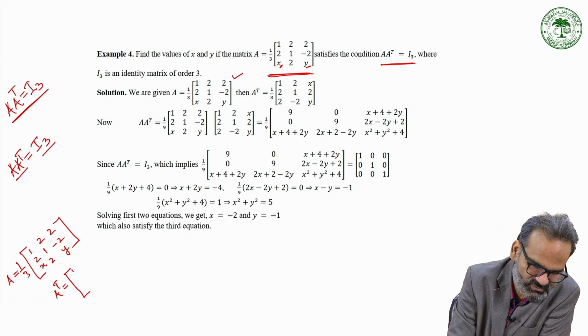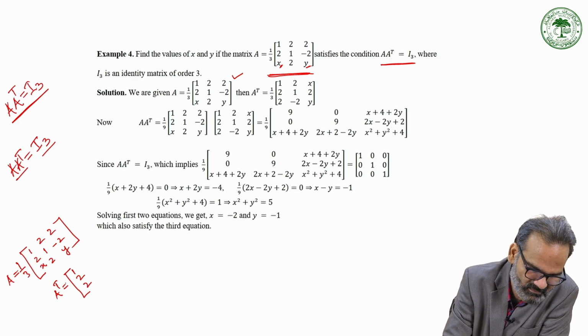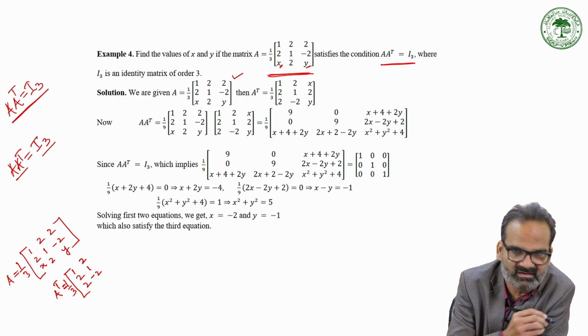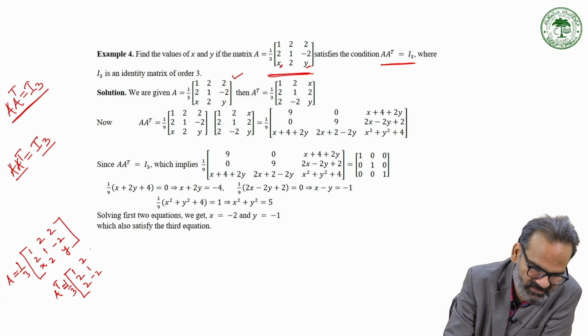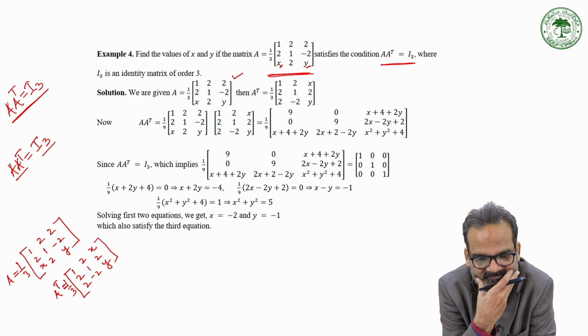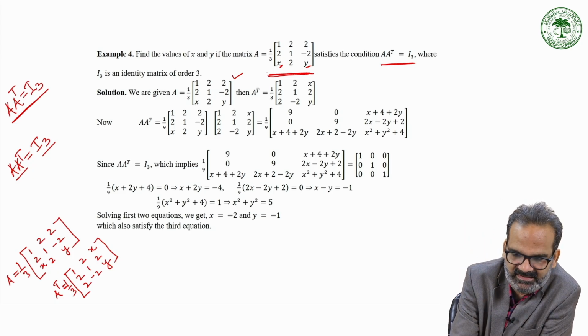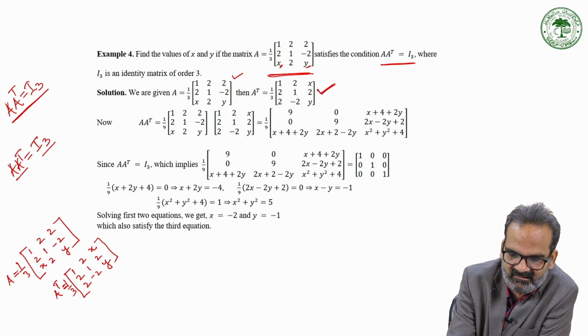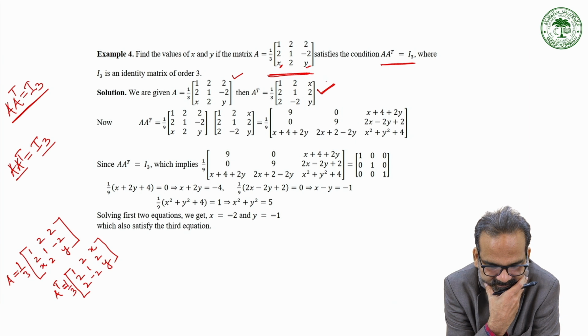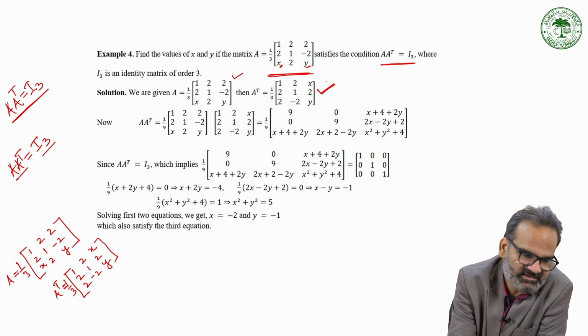The first row is converted to the first column: 1, 2, 2, and 1 upon 3 will remain as it is, right? This is outside the matrix. The second row 2, 1, minus 2 is converted to the second column, and the third row to the third column: x, 2 and y. So this is A, this is the transpose of A. Now, what is given to you?